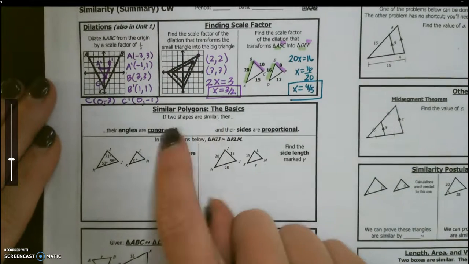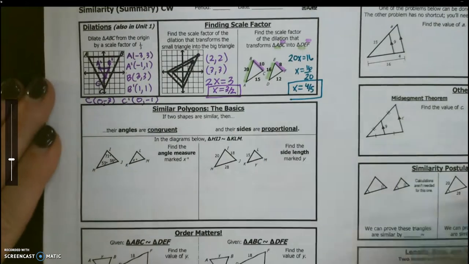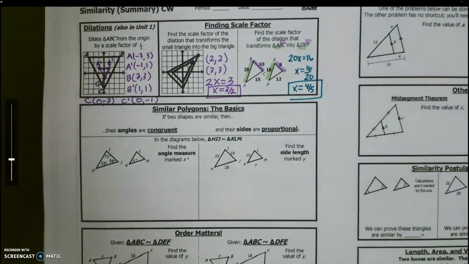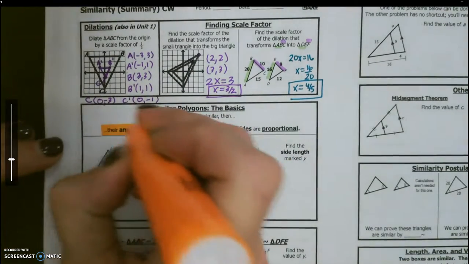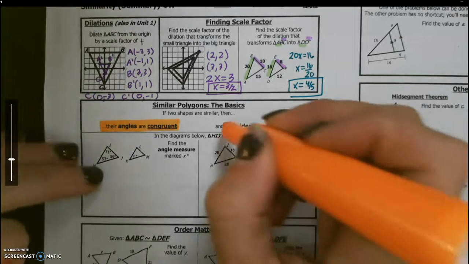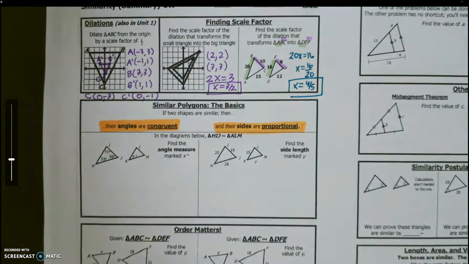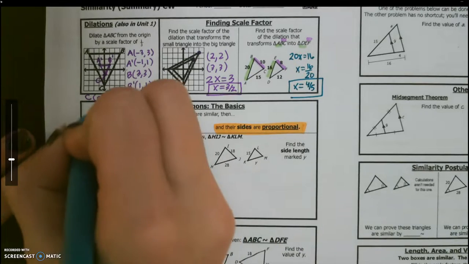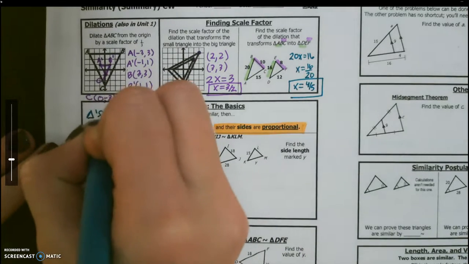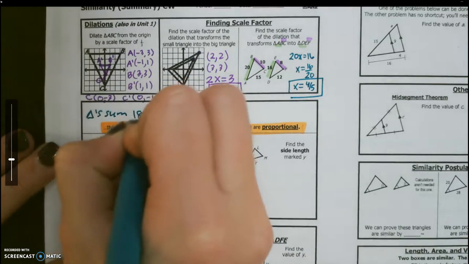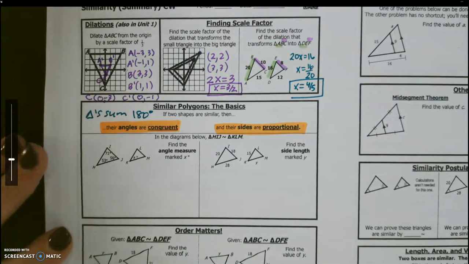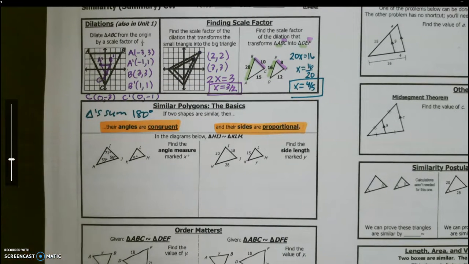Similar polygons, the basics. If two shapes are similar, then the angles are congruent, but the sides are proportional. So angles congruent, sides proportional. Keep in mind that triangles sum to 180 degrees, so we're going to have to keep that fact in our back pocket.